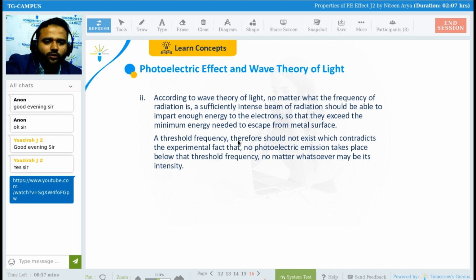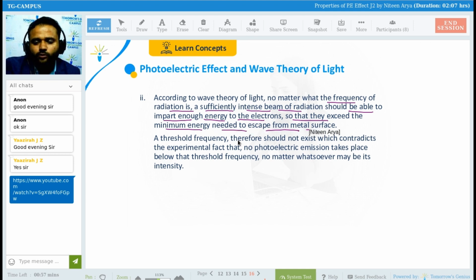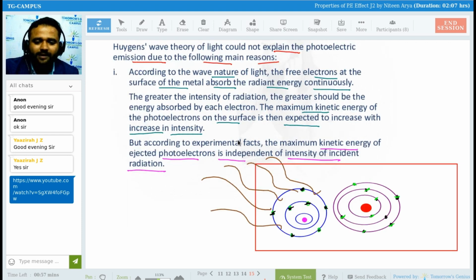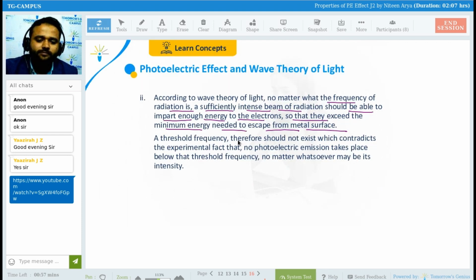Now, according to the wave theory of light, no matter what the frequency of radiation is, a sufficiently intense beam of radiation should be able to impart enough energy to the electrons so they exceed the minimum energy needed to escape from the metal. Whatever I said with this drawing is actually written in the next point.